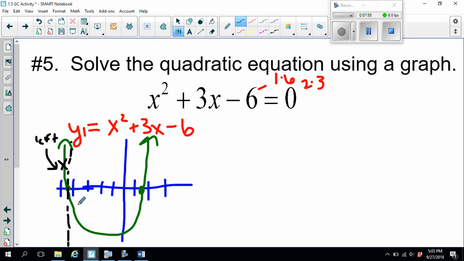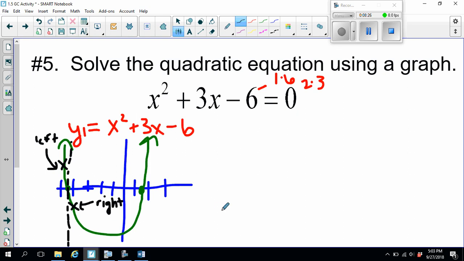We want something that is below the x-axis, but not too close to our vertex. So just something right here. Now remember, it does not matter where you place it. Just make sure for now, because this is the right-hand side, it's going to be below the x-axis, and just somewhere between our x-intercept and our vertex.